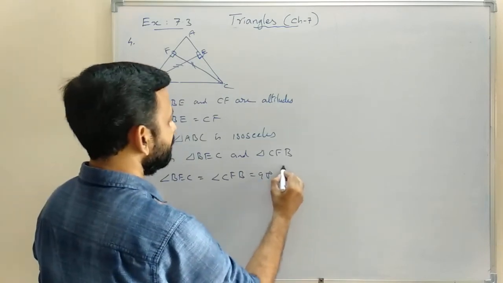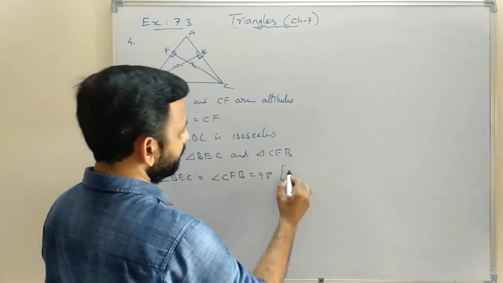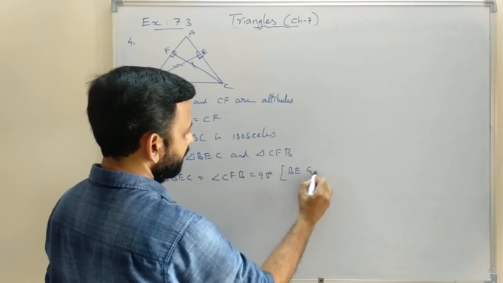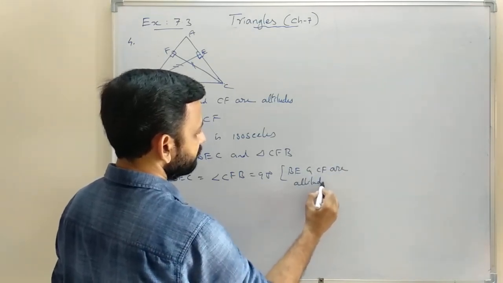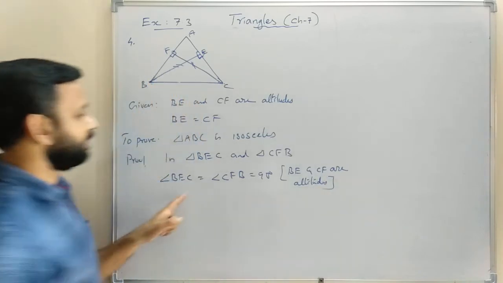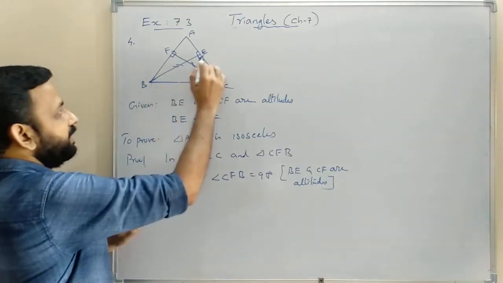Reason: BE and CF are altitudes. Then BE equal to CF.